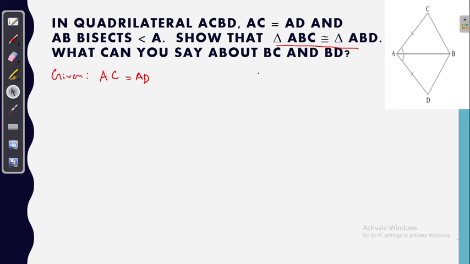Ma'am, if two triangles should be congruent by SAS criteria, we can say that these two triangles are equal, because we have AC and AD equal, ma'am.